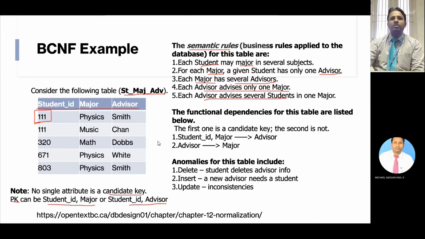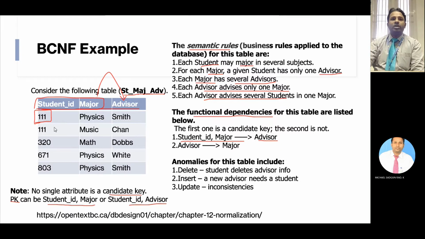So if you look at the functional dependencies, student ID plus major determines the advisor. 111 is not directly dependent on Smith: 111 physics is only Smith, because 111 music is Chan.